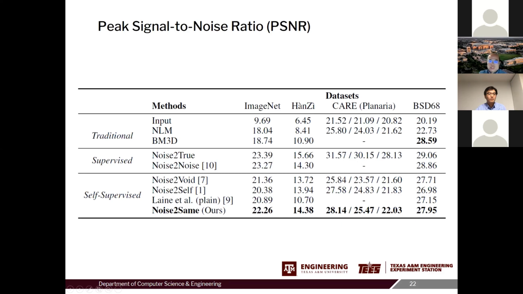If the noise on different parts of the image is correlated, then because our method is self-supervised, we will also try to learn the correlations among the noise. So that is probably why the self-supervised paradigm does not work so well on biological images.